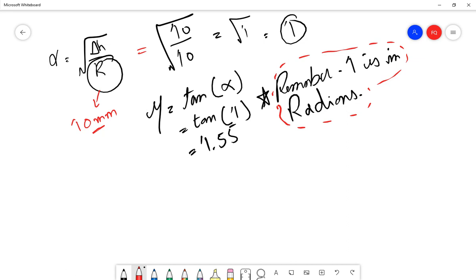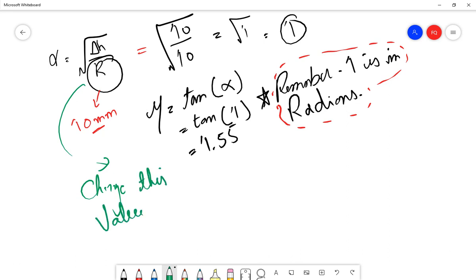Okay, and then, for example, what we would want to do is we would want to change the value of R such that mu is less than or equal to 0.2.